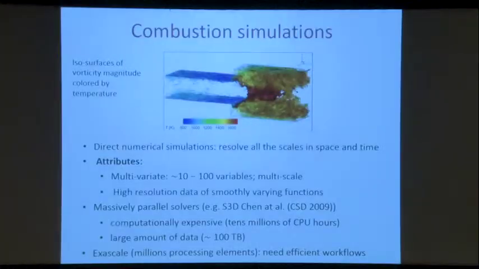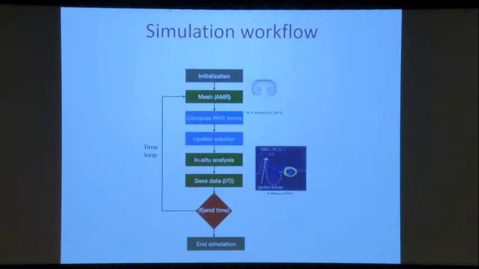Okay, we're back. So in addition to costing a lot to simulate and large amounts of data to store, as I said yesterday, the way to get to exascale is through large concurrency, millions to billions of processors. We have to have efficient workflows.